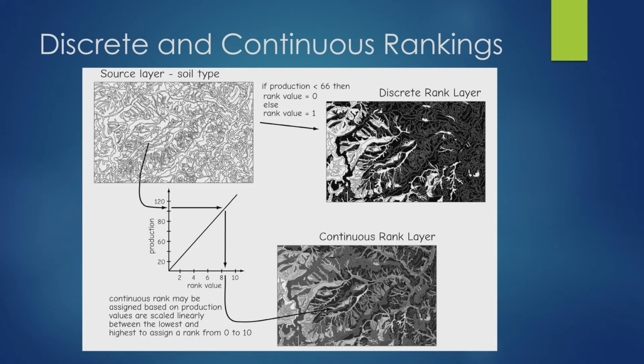Also, in both raster and vector, these suitability rankings can be both discrete, meaning that you just get either a 1 or a 0, or maybe a 1, 2, 3, 4, 5 answer, where things fall into different categories, or a continuous rank layer where you get a number that may even have a decimal place associated with it. You have to think about what your needs are.